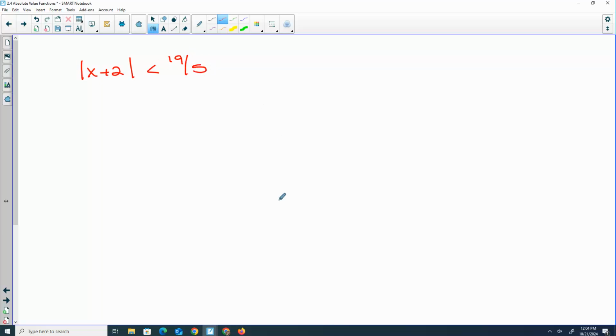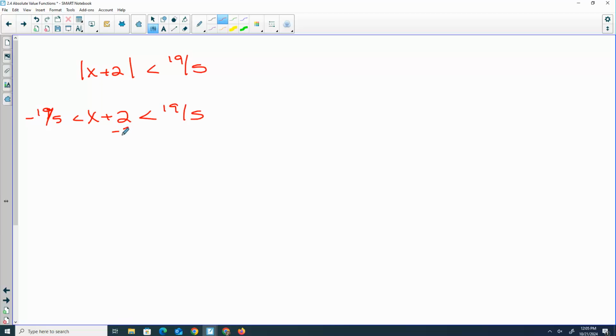I want to work this one out both ways because it looks like we're kind of split. Several people are still doing last year's method and several people are doing this year's, and either one is fine. If you want to do what I showed you this year, we say it's an and, so it's basically just creating one big inequality. We put the -19/5 and another less than on the left.